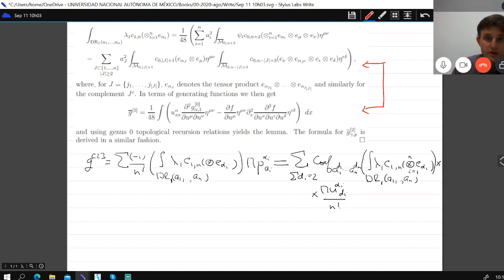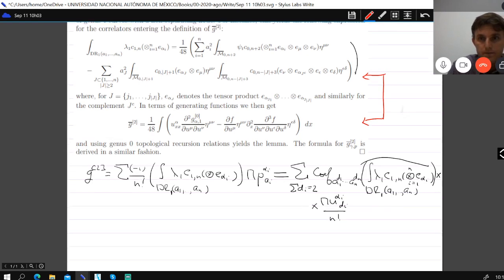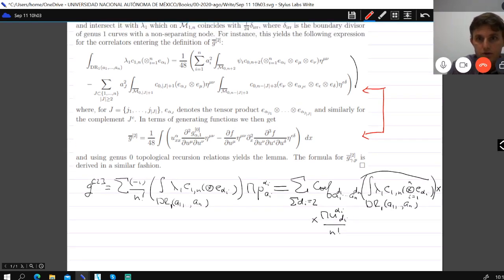So, and then for this integral, we have this expression. We will write, and then this is equal to.